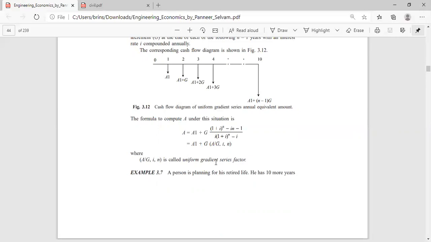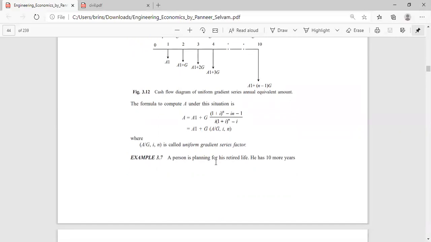From this formula, we arrive at the uniform gradient series factor, which is the A by G ratio, for i and n.